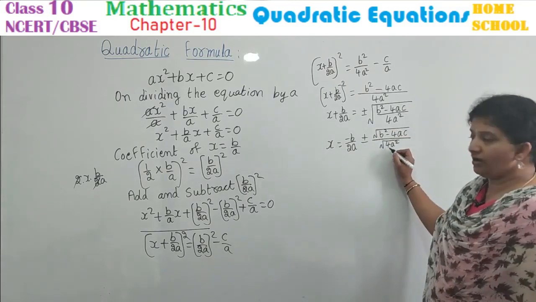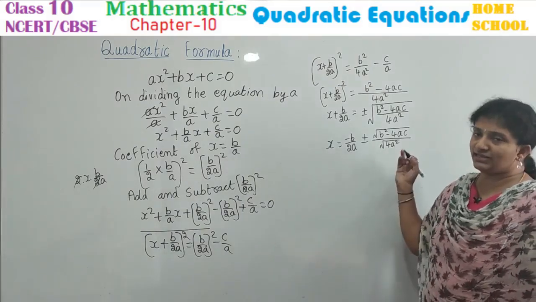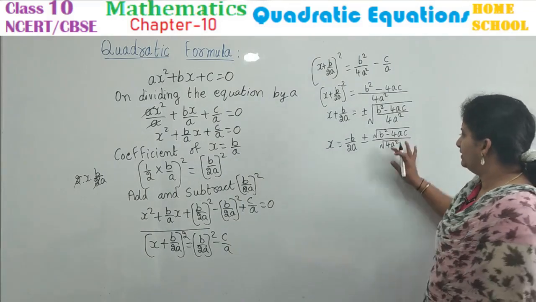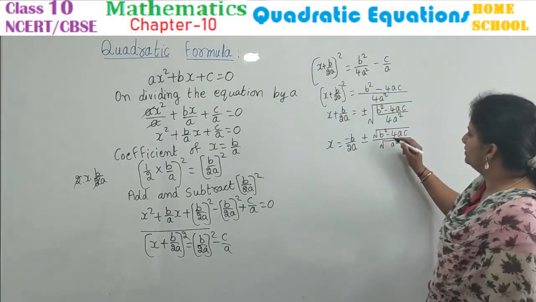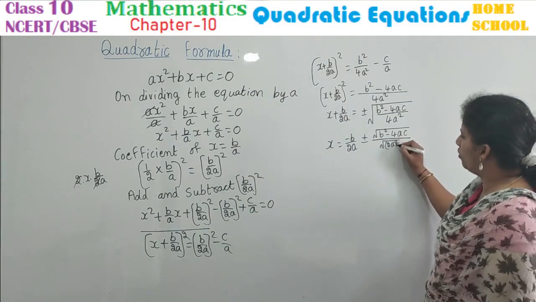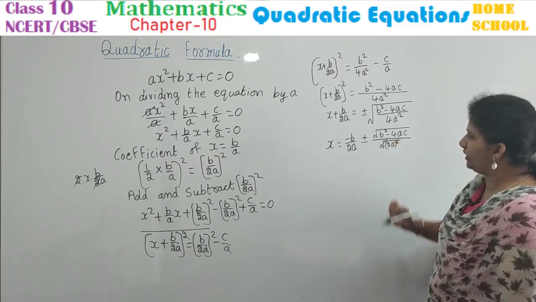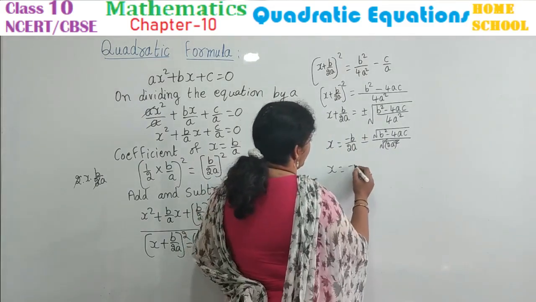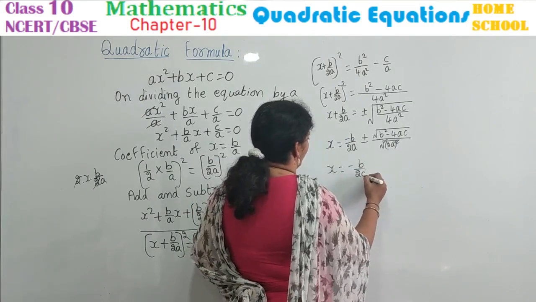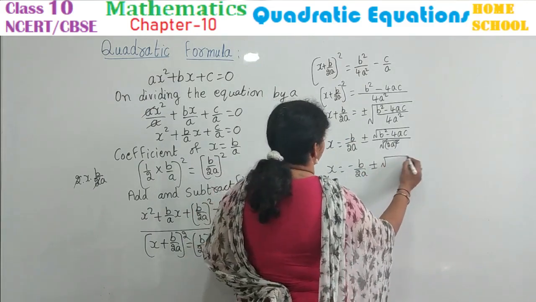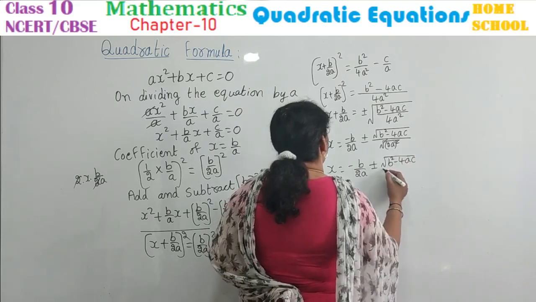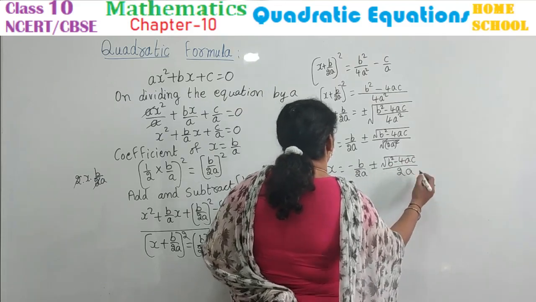Observe here, 4a square you can write as 2a whole square. The square root will cancel. Shall we write like that? 2a whole square, the square root cancels. Now, x is equal to minus b by 2a plus or minus root b square minus 4ac by 2a.